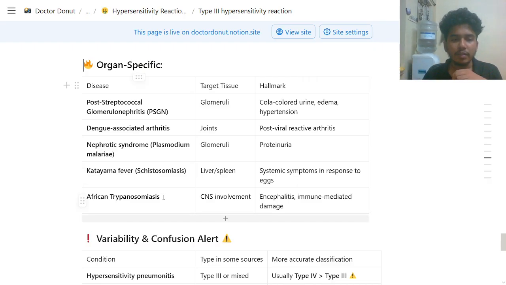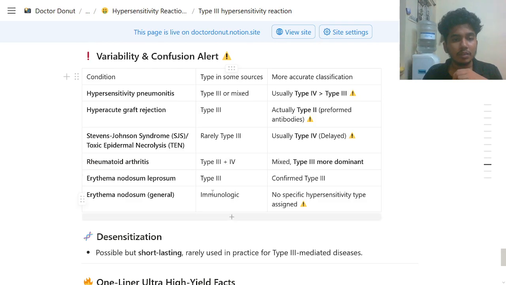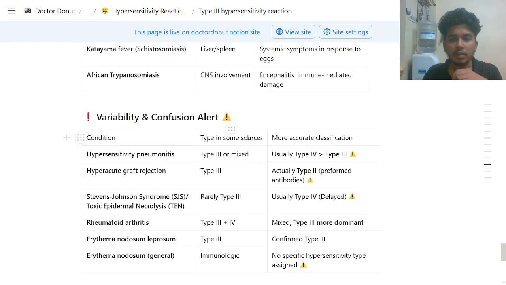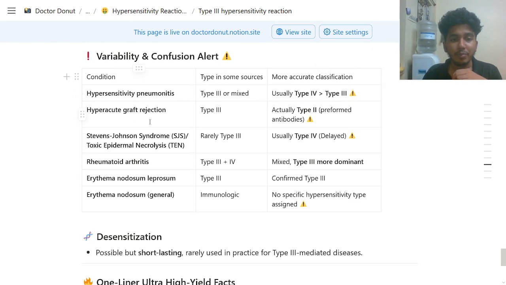And then you have African trypanosomiasis, where there is CNS involvement, and we see encephalitis and immune-mediated damage. There are points of confusion again. Hypersensitivity pneumonitis we consider type 3, but usually it is type 4. The type 4 hyperacute graft reaction, we think type 3, but more acute is type 2, like in some sources it's like that.